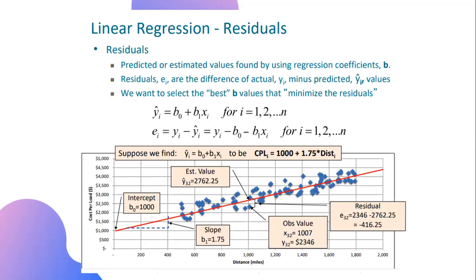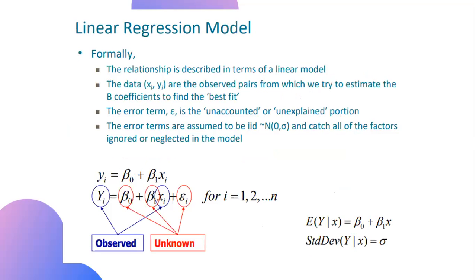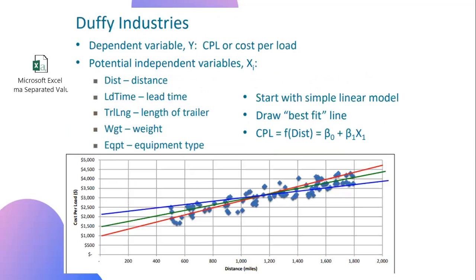And I will be showing you through the Duffy Industries example how to really understand what the right formula is for the prediction line. As I mentioned, how many X variables do you really want to have? I'm going to be talking to you about all of this using actual models.